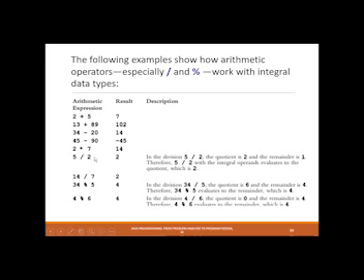Eh, eto wala. So, ibig sabihin, these two operands are both integers. So, in the division 5 divided by 2, the quotient is 2 and the remainder is 1. Therefore, 5 divided by 2 with the integral operands evaluates to the quotient which is 2. Dapat integral or integer din ang sagot. So, that's 2. Hindi pwedeng 2.5. Magiging floating siya. Floating point.